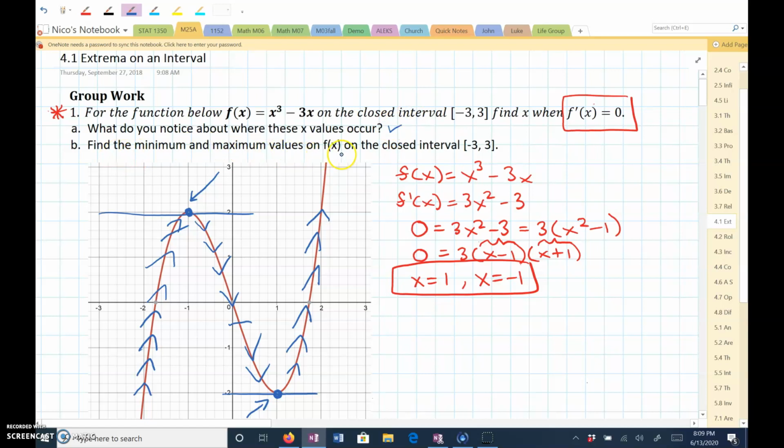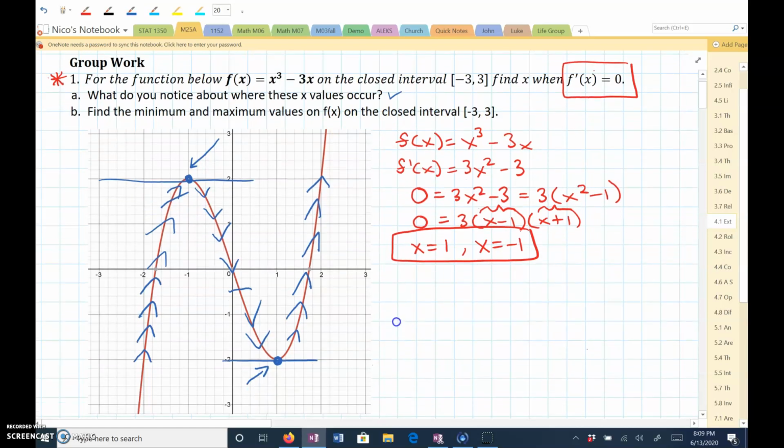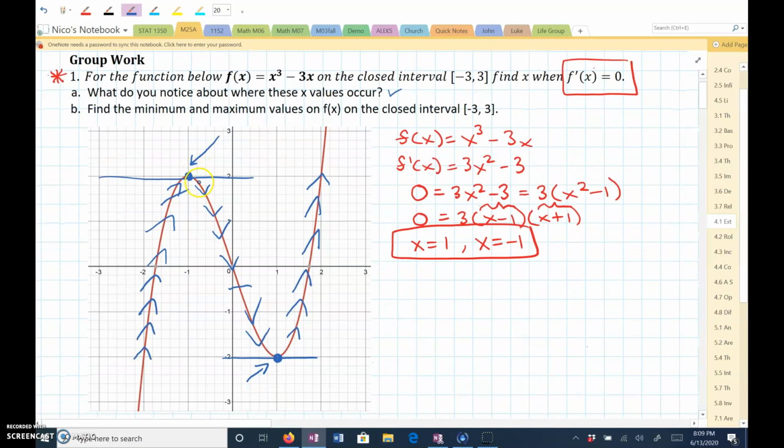Find the minimum and maximum value of f of x on the closed interval. Okay, so this value here and this value here, this would be a relative max, and this would be a relative minimum. Okay, so for f of 1, this would equal 1 cubed minus 3 times 1, which would be 1 minus 3, which would be -2.